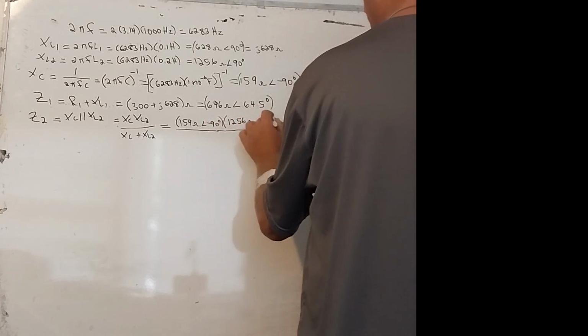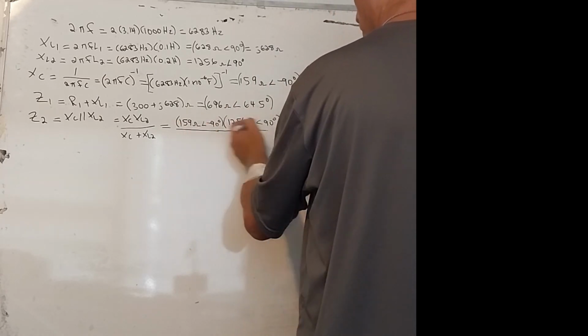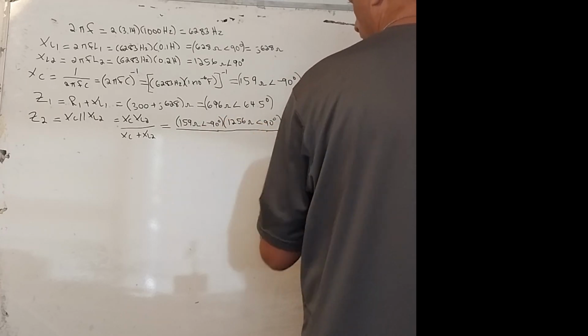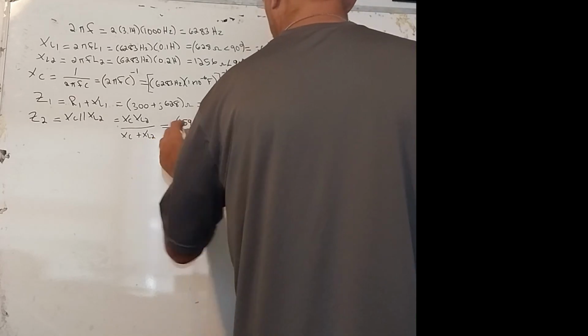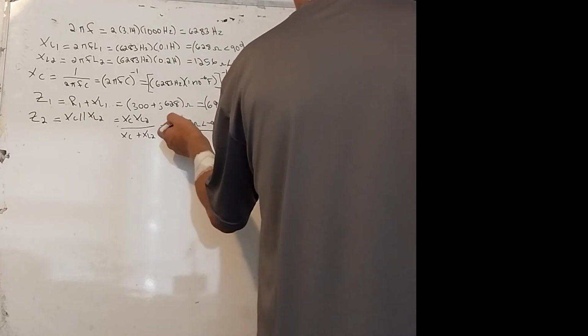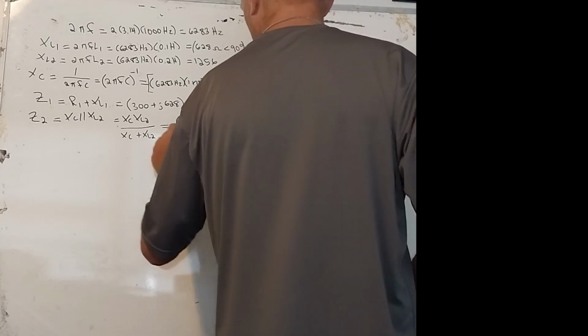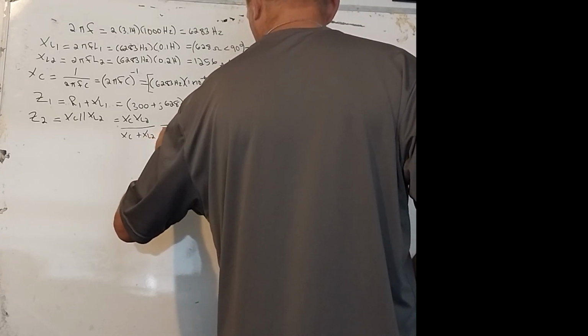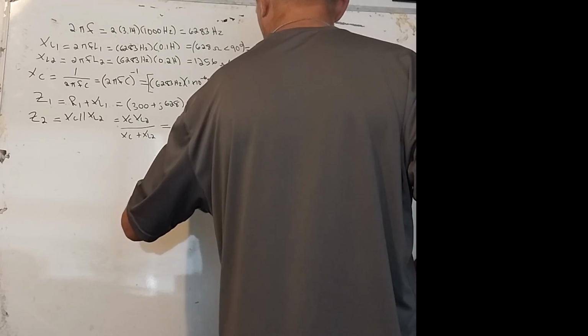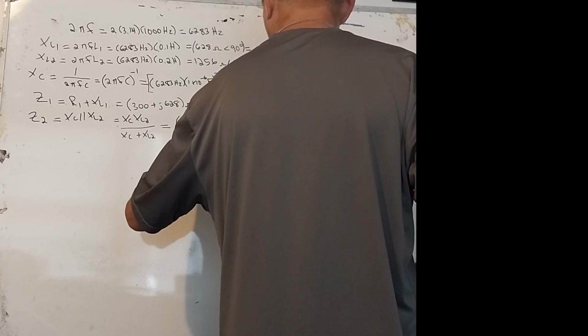Notice, if we add these two together, it becomes 0 degrees. We end up with a resistive value here in the top half. So X of C plus this: this is a negative 159 and a positive 1256. So this is negative J of 159 plus J of 1256.